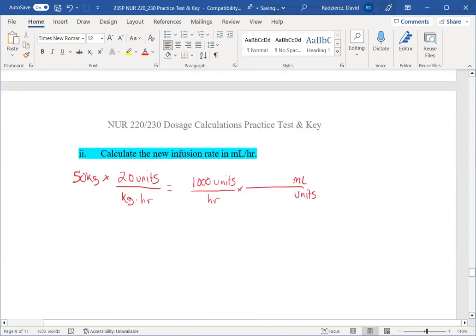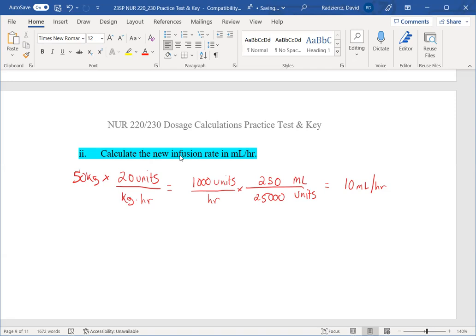So I'm going to come down 250 milliliters, 25,000 units. And I'm going to get an answer of 10 milliliters per hour. So that's how you would answer the Heparin protocol.